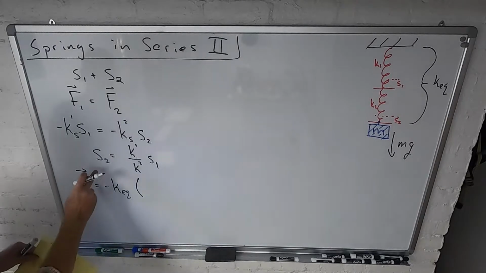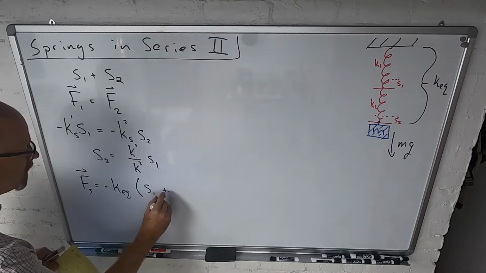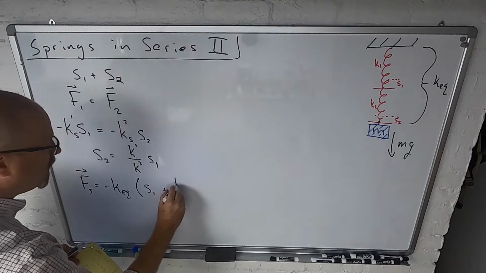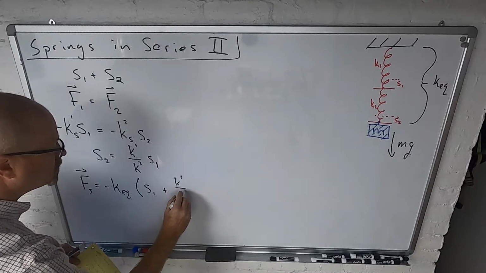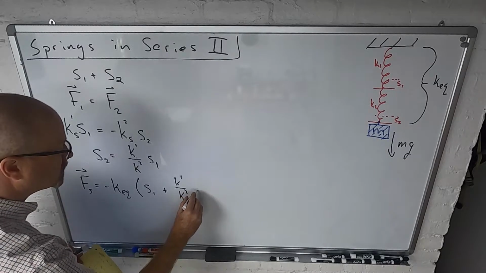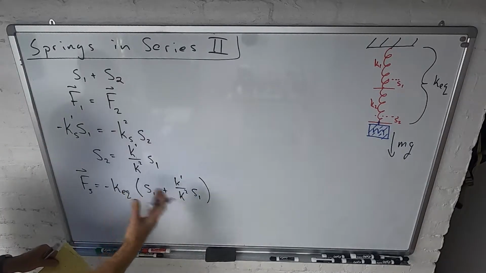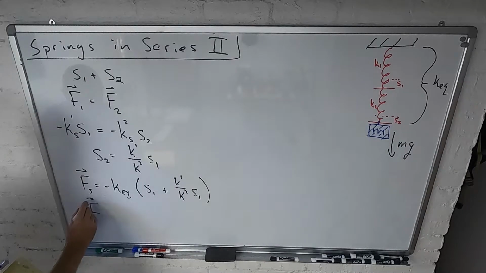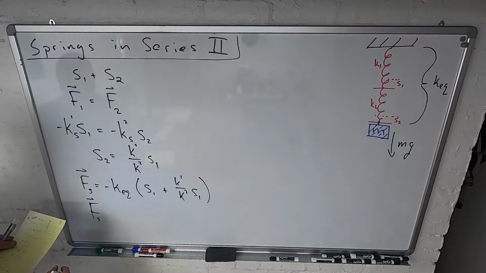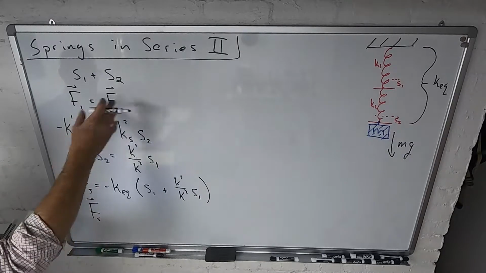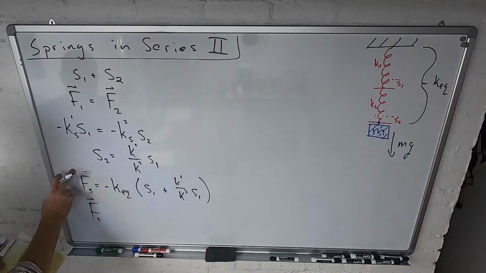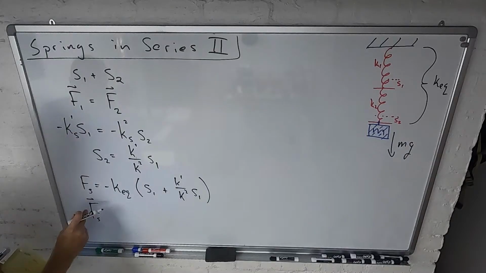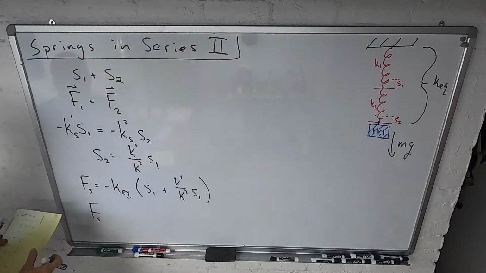And so now I can write S1 plus what is now K1 over K2 times S1 again. So now I have everything in terms of the stretch S1. Now I can write the force, and I've dropped my L hats, so I can probably get rid of my force vectors here, because it's one-dimensional. I can do this in a vector form, but I don't necessarily have to.